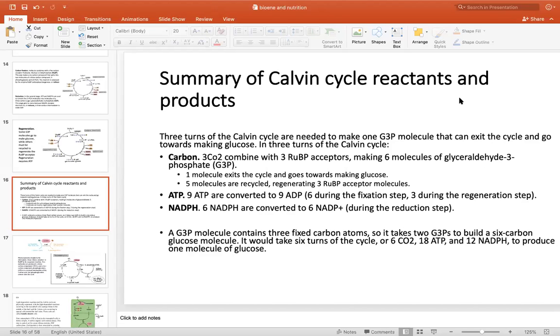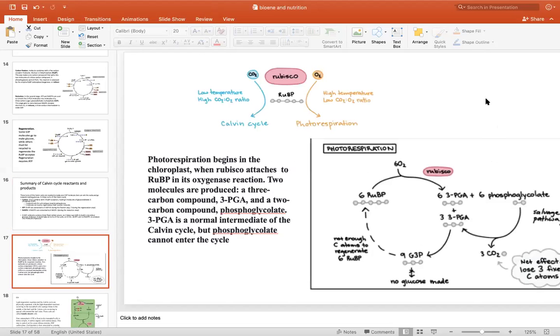To prevent this, plants have alternate mechanisms which help in preventing this and not wasting any resources. So if you look over here, when plants do undergo photorespiration, oxygen combines with rubisco instead of carbon dioxide, and forms a molecule known as phosphoglycolate.